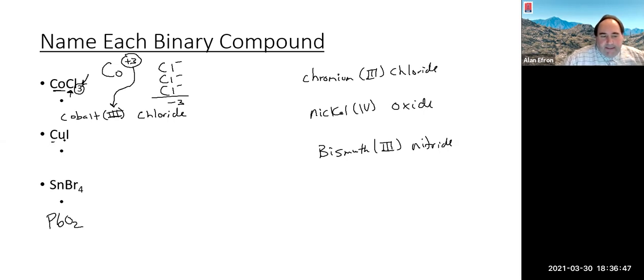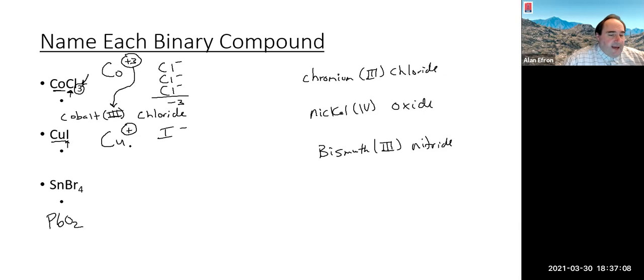Going down to the next one, Cu, which is copper, also a transition metal. I, which is iodine, which is a non-metal. Again, copper being that transition metal automatically tells you it's type 2, and it can have multiple types of charges. We know that I is group number 7, which means it has a -1 charge.